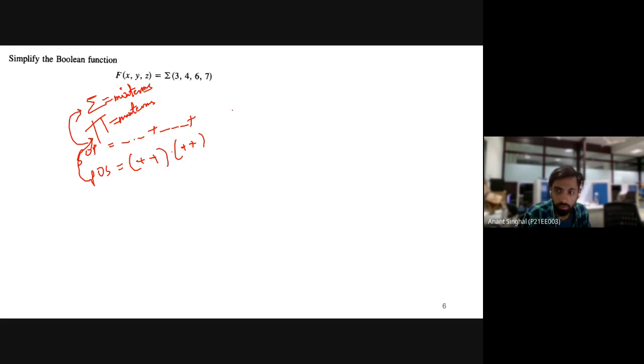So do you have any idea of K-map? Hello, can anyone confirm if you have any idea of K-maps?